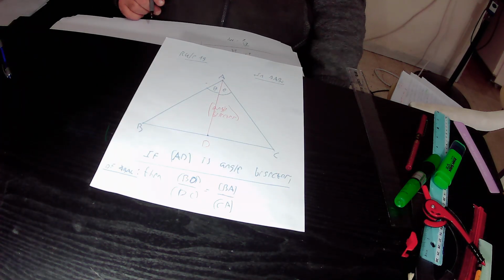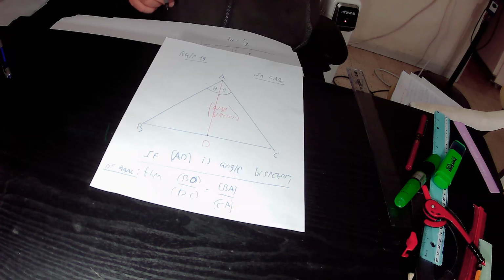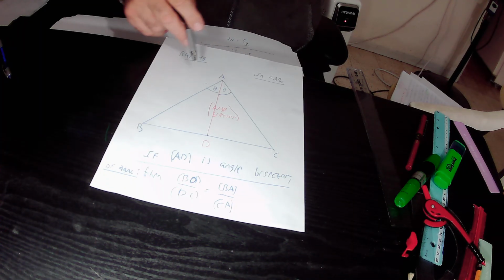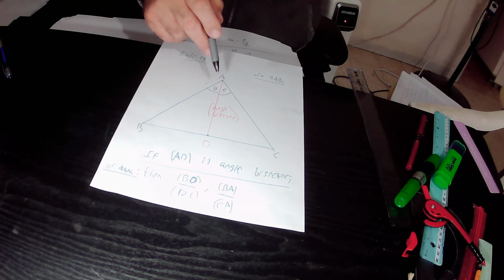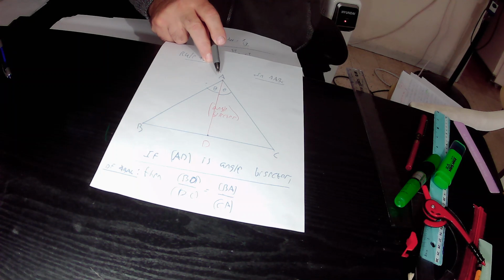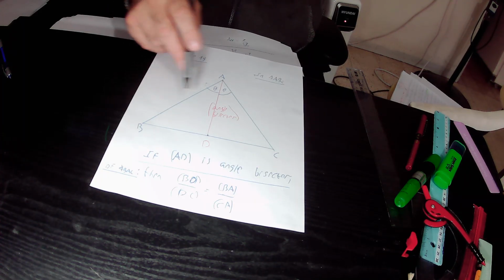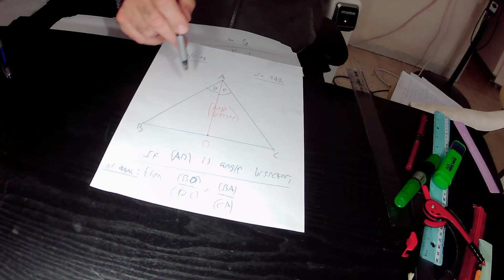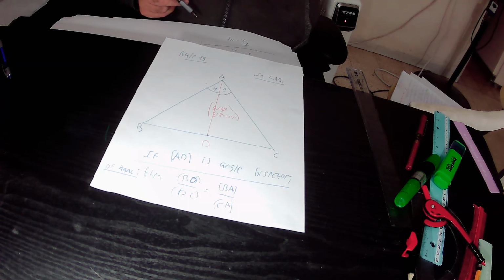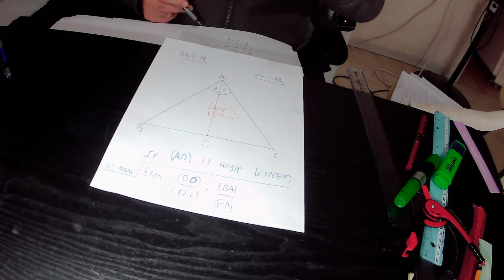According to Rule 19, if AD is the angle bisector of this triangle ABC, that is to say, AD bisects angle BAC into two halves, each half equals theta, then angle bisector AD divides the sides of this triangle ABC proportionally. That is to say, BD over DC equals AB over AC. So we can implement the angle bisector theorem in our drawing.